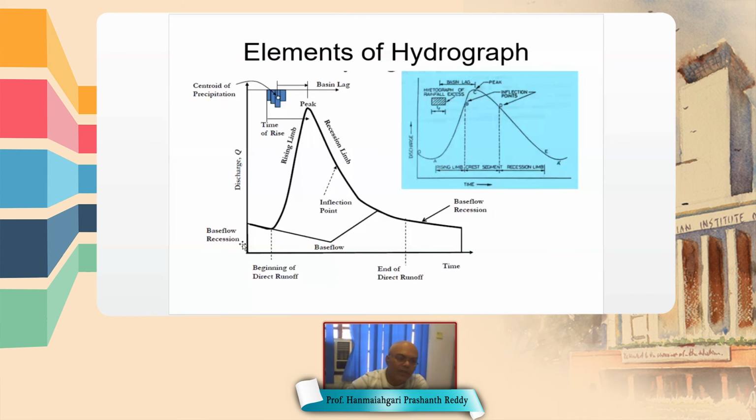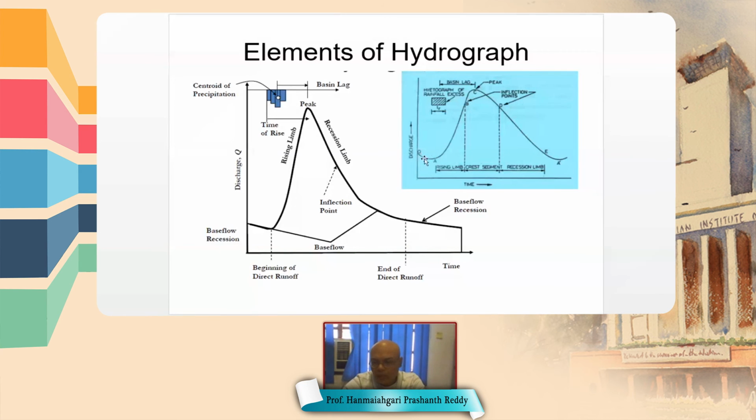Sometimes the stream will be 6 to 10 meters deep, but in those areas the water table may be only 4 meters below the ground. So the water table is exposed in the stream, and the water comes out from groundwater. That is this base flow.